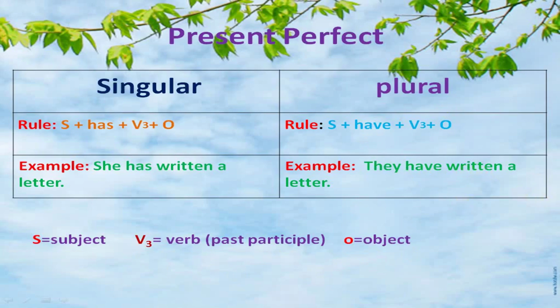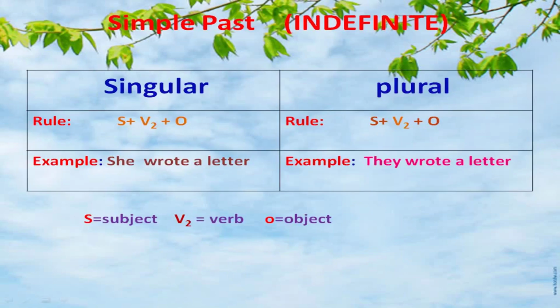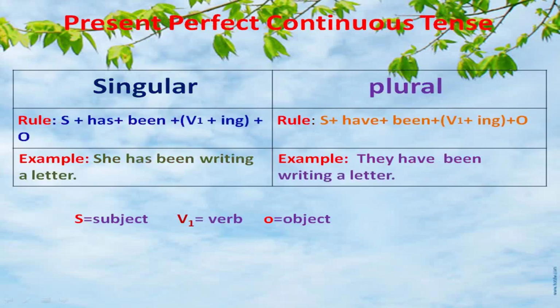Next one, present perfect continuous tense. The rule for the present perfect continuous tense, singular form: subject plus has plus been plus V1 plus ing plus object.